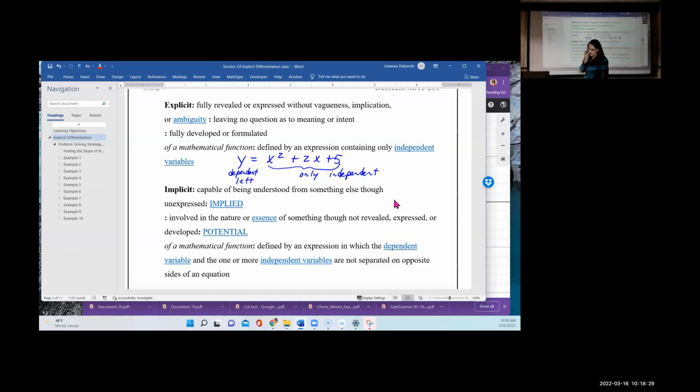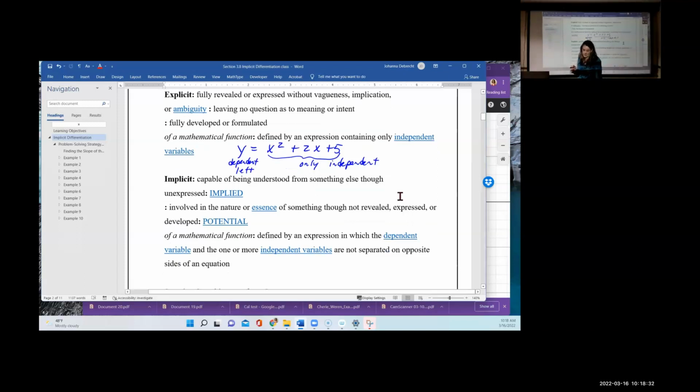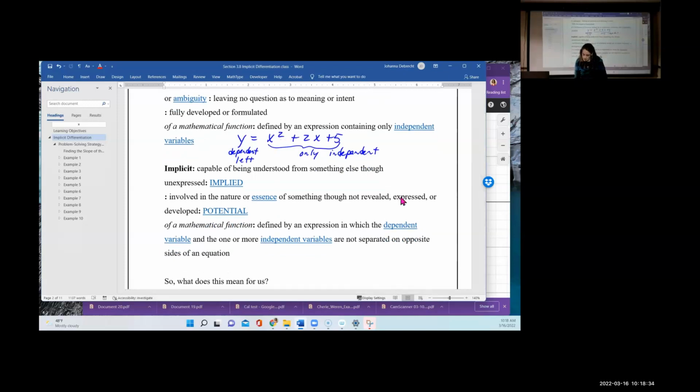When we talk about implicit, though, it's different. When we talk about implicit, we could have something that does something like this. There's no way in this second equation, x times the sine of y equals x squared y minus 5, to separate all the y's on the left and all the x's on the right.